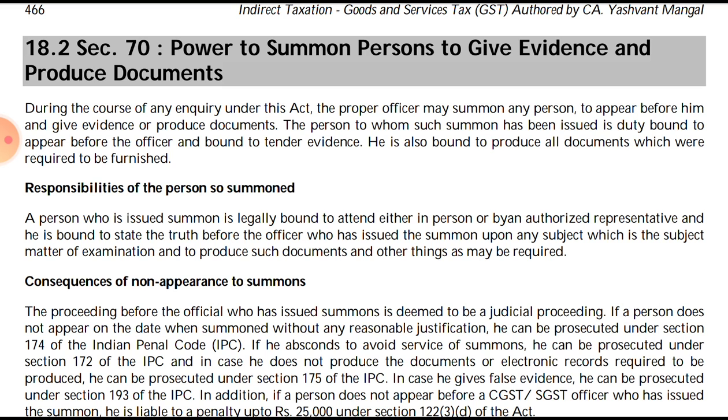If a summons has been issued, the person on whom it has been issued is duty bound to appear before the officer, to tender the evidence which has been asked for, and to produce all the documents which were required to be furnished.